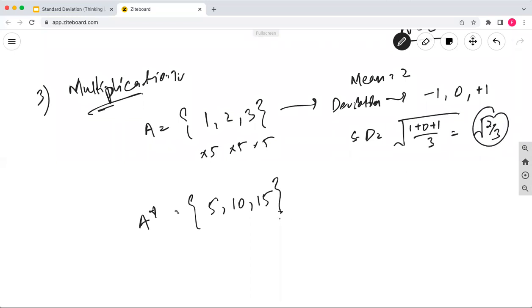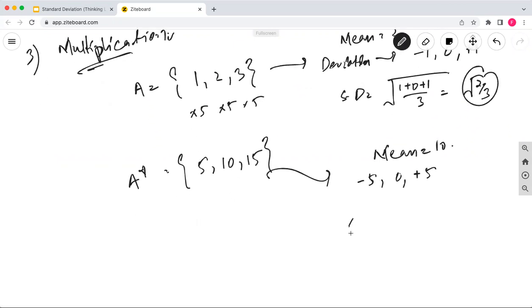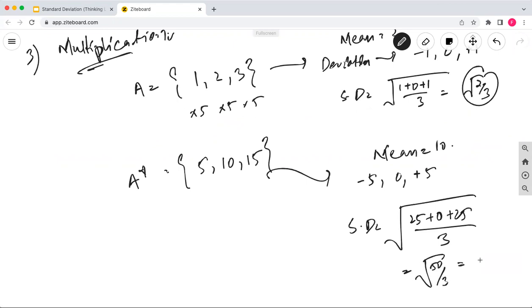Now see that in this scenario, the mean is equal to 10. Now see the deviations: 5 is -5 below, 10 is at 0, and 15 is +5. So just use the formula. Standard deviation will be -5 squared, which is 25, plus 0 plus 25, divided by 3, which is 50 by 3, which is 5 times root 2 by 3.